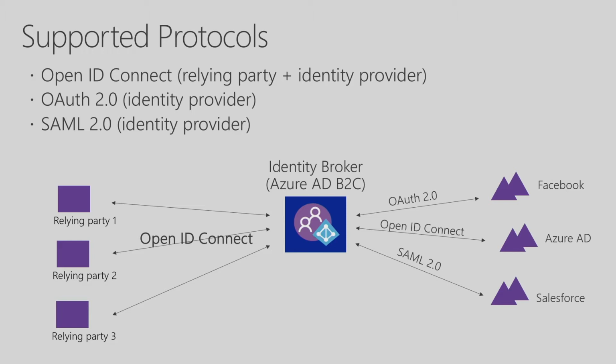Facebook might call the email claim emails, Twitter might call it email singular, and through our policies, we can normalize the name. So on the relying party side, you're just dealing with a very simple set of claims, less code for you to write, in exchange for having to do a little bit of XML.